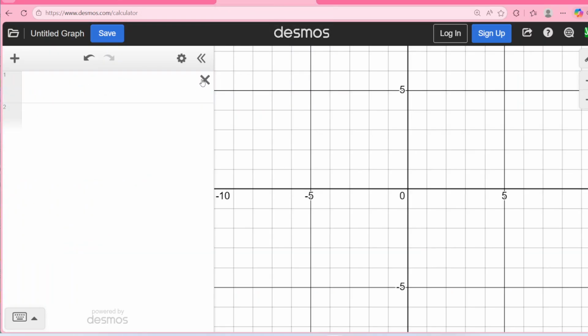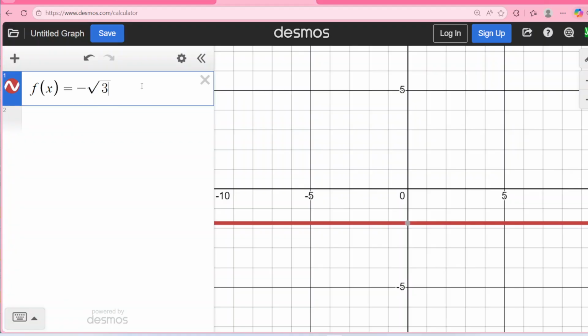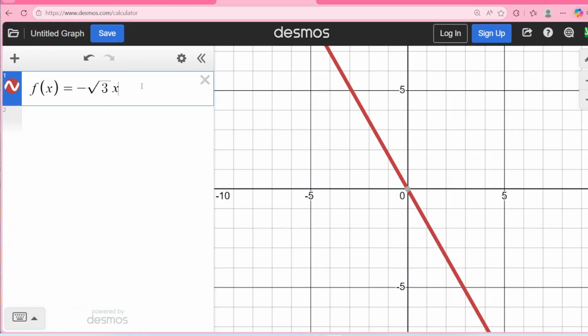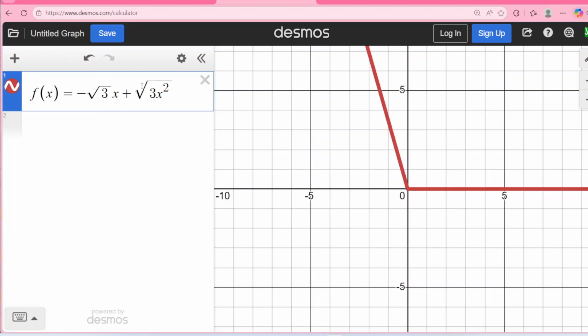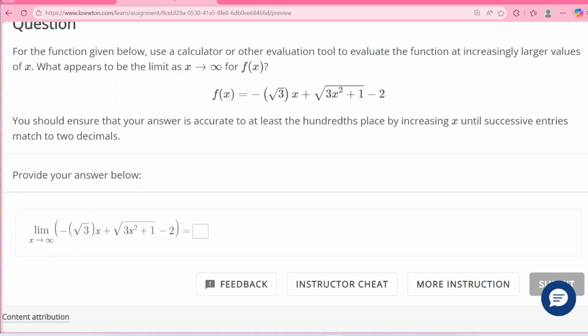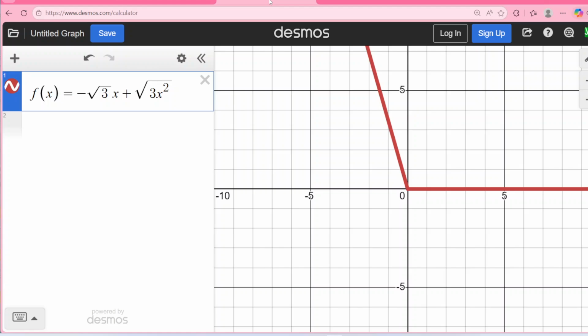So this function that we're given, f of x equals negative square root of 3 times x outside of that, then plus the square root of 3x squared plus 1 inside, then minus 2 outside.